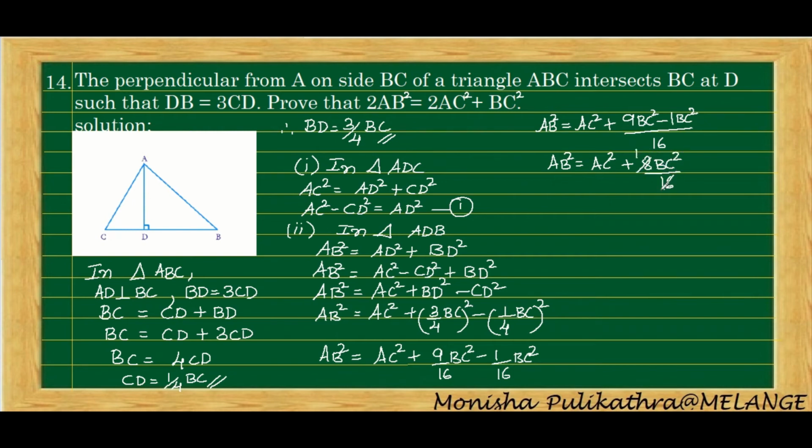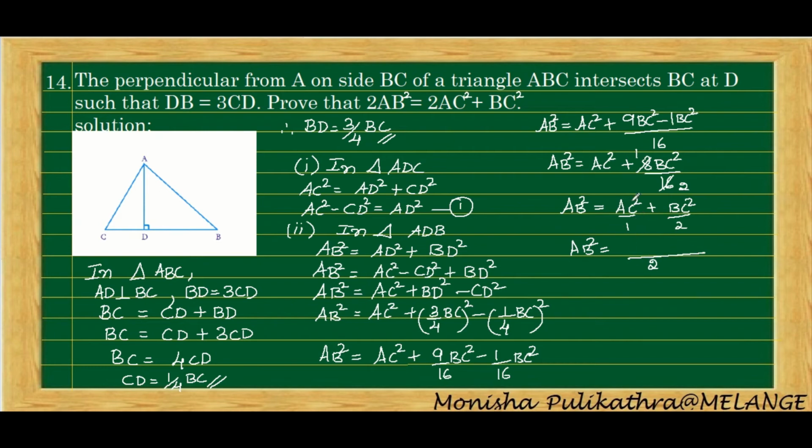Here 8 ones are 8, 8 twos are 16. So remaining is AB square is equal to AC square plus BC square by 2. Next, here if nothing is there, it means there will be a 1, so we can take the LCM. It will become 2.